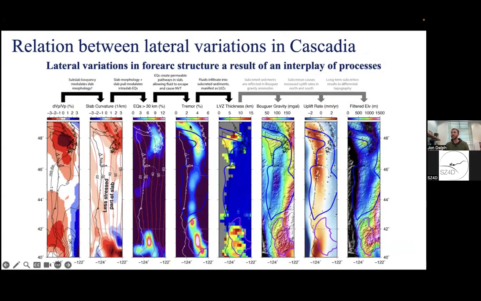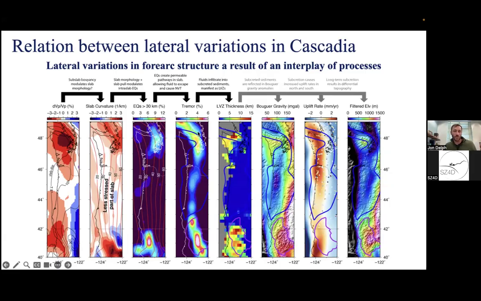Okay, so we can bring this all together now. Our subslab buoyancy anomalies modulate our slab morphology that controls the distribution of intraslab seismicity that we see along the margin. This tells us about where we're releasing fluids, particularly in high amounts, which we see reflected in tremor at the plate interface.